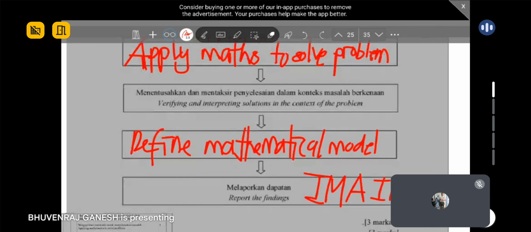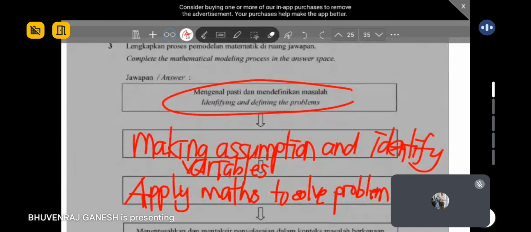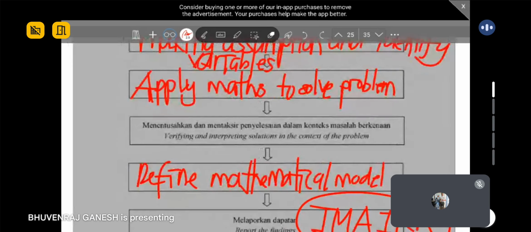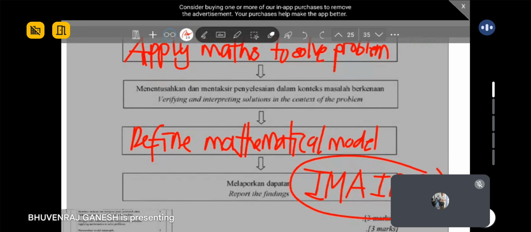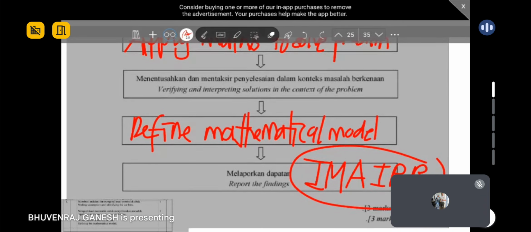You can memorize like this. Just memorize the keywords, kata kunci saja. I for identify, M for make, A for apply, I for interpret, R for refine, and R for report. So this is how you memorize.